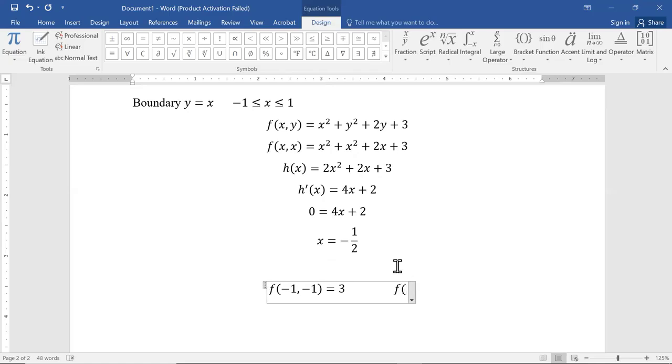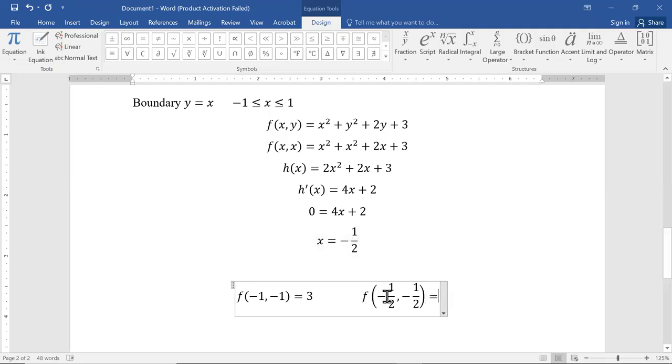The second value that I'm going to get is when you plug in -1/2, -1/2. I'm plugging in negative 1 half, because if you plug in x of negative 1 half, y has to be negative 1 half based on the boundary condition. And then when you do that, you can plug it into your original function, or you can actually plug it into this h of x as well.